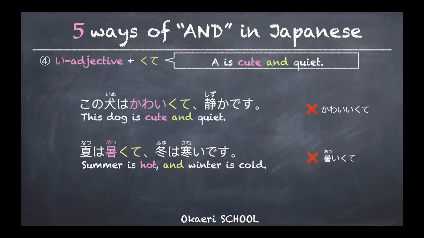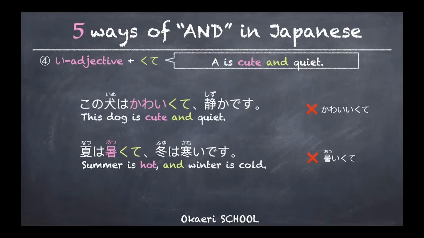The long one, that's wrong. So you have to say, この犬は可愛くて静かです. This dog is cute and quiet. So it's also wrong to say, この犬は可愛いと静かです. I mean, yes, we do know what you mean, but naturally, you can say, この犬は可愛くて静かです. And you will sound pera pera, you will sound very fluent.